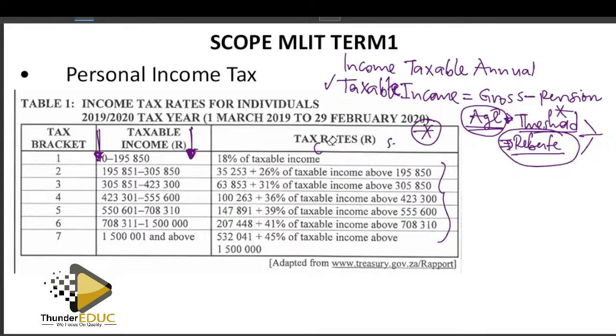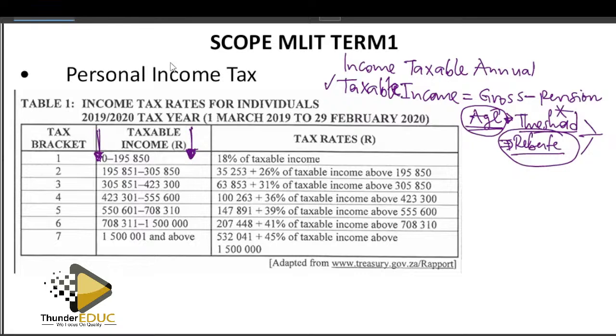Okay, let's do an example concerning taxation. If they ask you to determine whether a person pays tax or not, the table has a threshold, then you will compare the amount the person has to the threshold, and you come up with a conclusion. Should the amount be above the threshold, then the person pays tax.